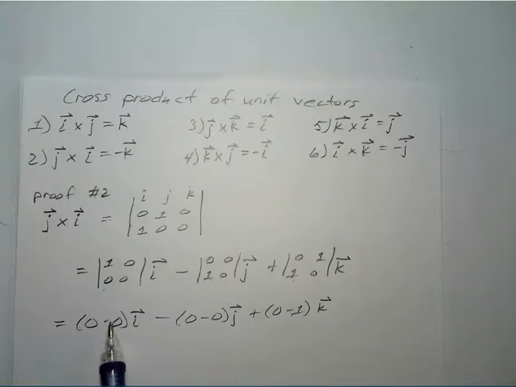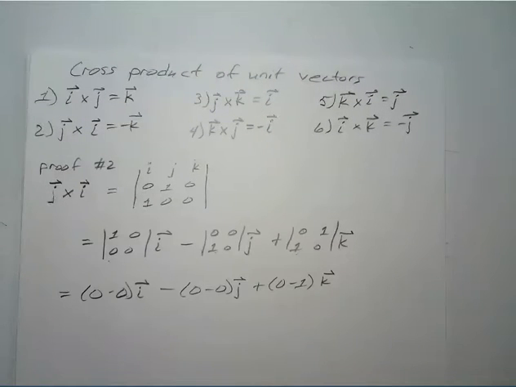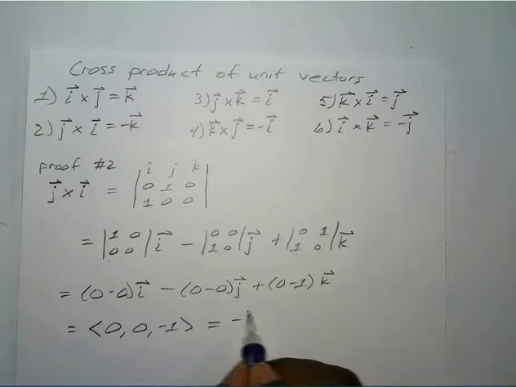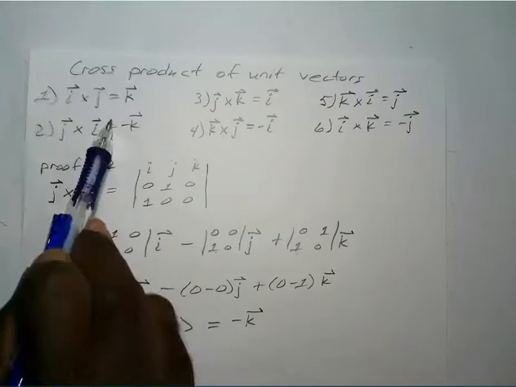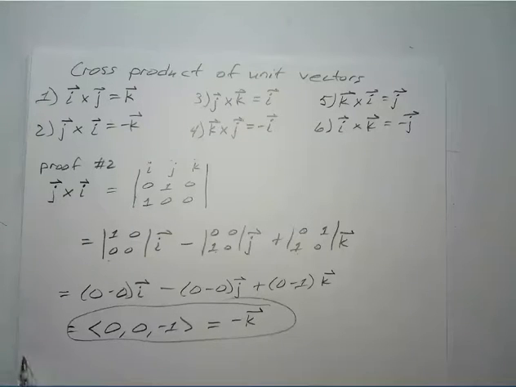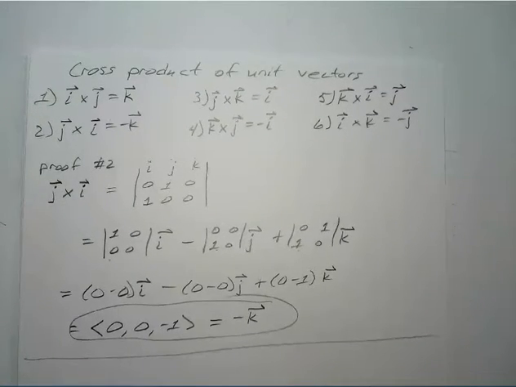Okay, so you can see here we have 0, 0, negative k. So that's going to equal the vector 0, 0, negative 1, or just negative k vector. Okay, so that's the proof for number 2. And again, the rest of them are proven in a pretty similar way.